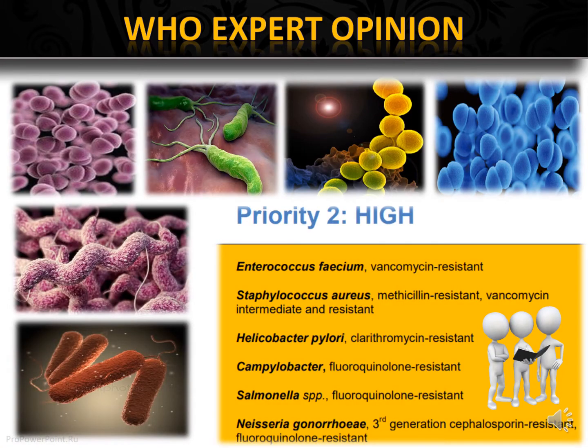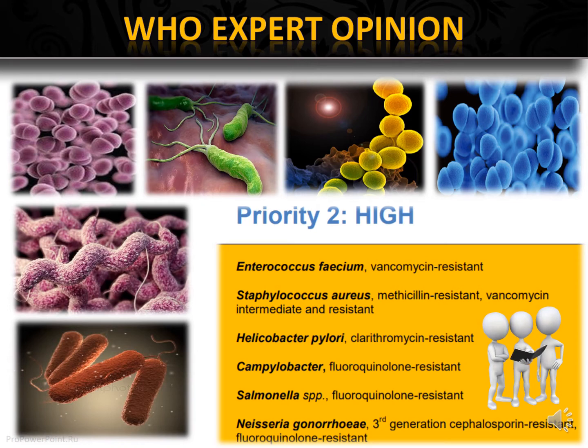The second group, which WHO experts called the high group, is for pathogens that formed resistance to different antimicrobial drugs. And you see such pathogens as Enterococcus faecium, Staphylococcus aureus, Helicobacter pylori, Campylobacter, Salmonella, Neisseria gonorrhoeae.